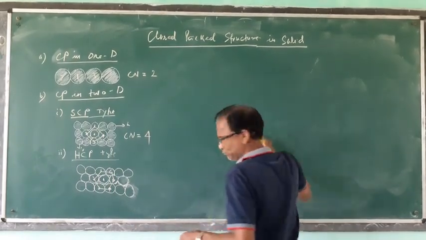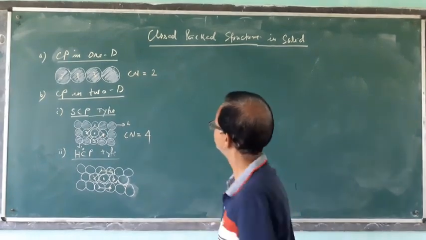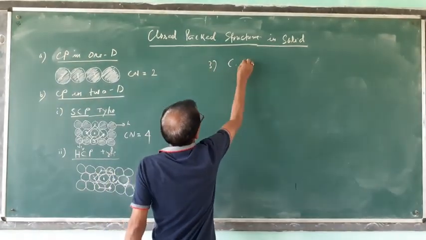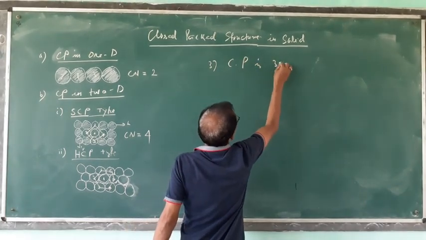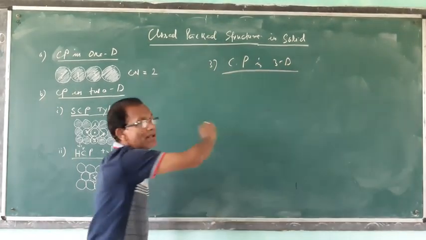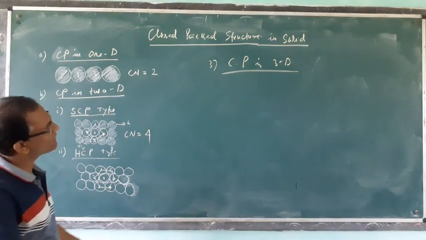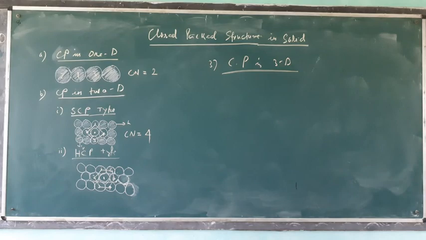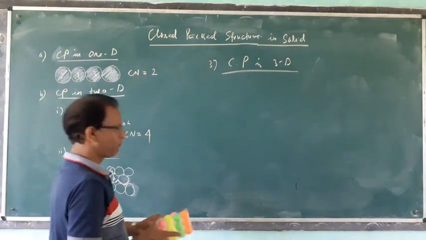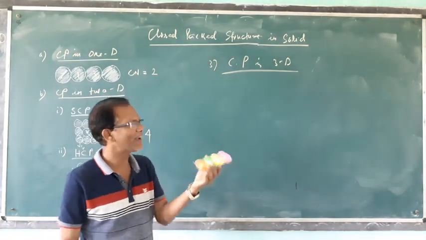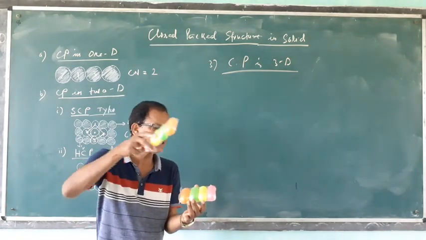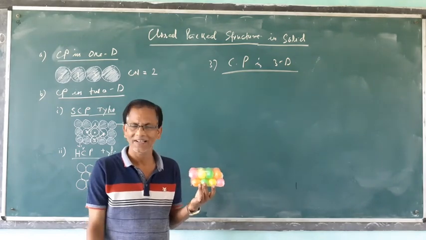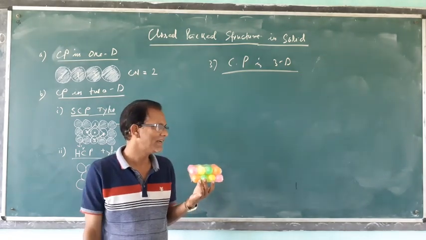So let us discuss the third type of close packing, that is close packing in 3D, three-dimensional. Here, close packing in three dimensions is formed when you place the first layer, then you place the second layer of spheres.